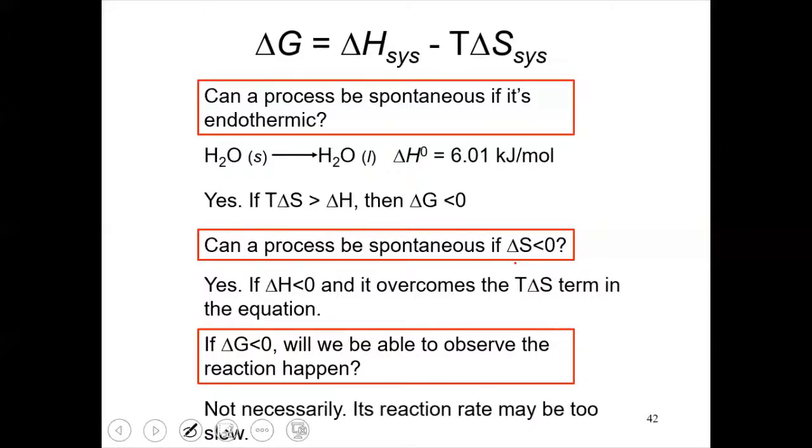Remember, whether you can see a reaction happen or not is an issue of the rate of that reaction. And the rate of reactions is part of the realm of chemical kinetics. All right, so be careful that, like I said before, you don't get mixed up between something that's spontaneous and something that's instantaneous.